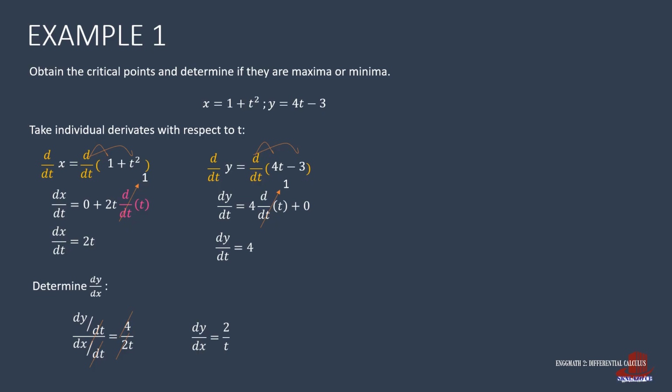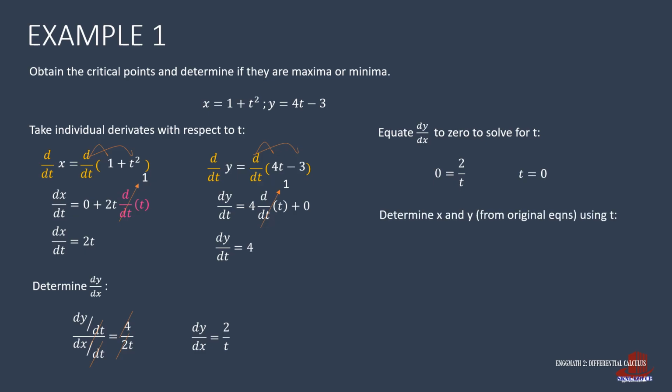The slope dy over dx will then be equated to 0, thereby making 2 over t as 0. By cross multiplication, t is then taken as 0. Knowing the value of t, we can then identify the critical point by substituting it in the parametric equations.